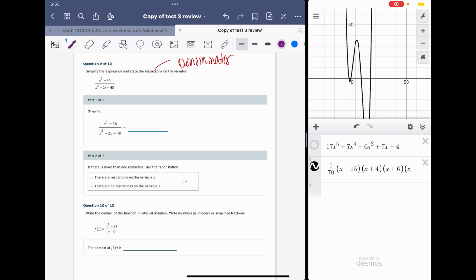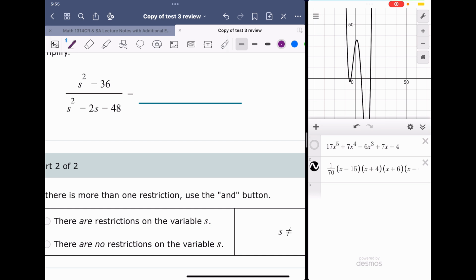We got to factor the numerator and the denominator. So when we factor the numerator, this is the conjugate. S plus 6, S minus 6. We're going to use that as our fraction bar.